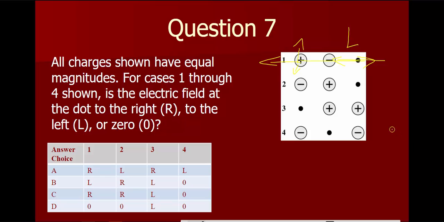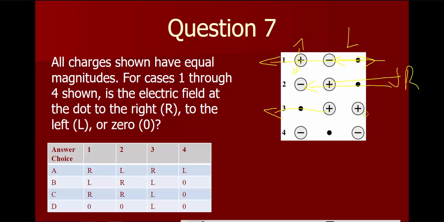Okay, so now number 2. Has to be B, so 2 should be to the right, right? So let's see. So the negative charge, does the field go in or out? In, right? Positive goes out, which one's bigger? Positive, so this should be to the right, right? So 3, does this field go in or out?